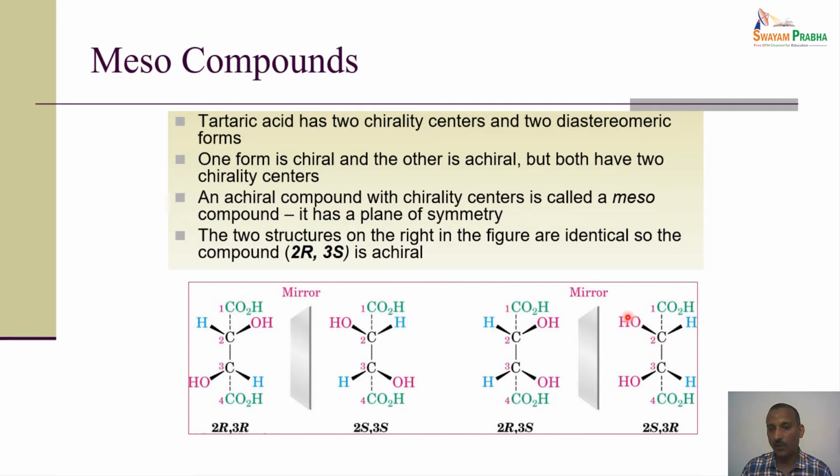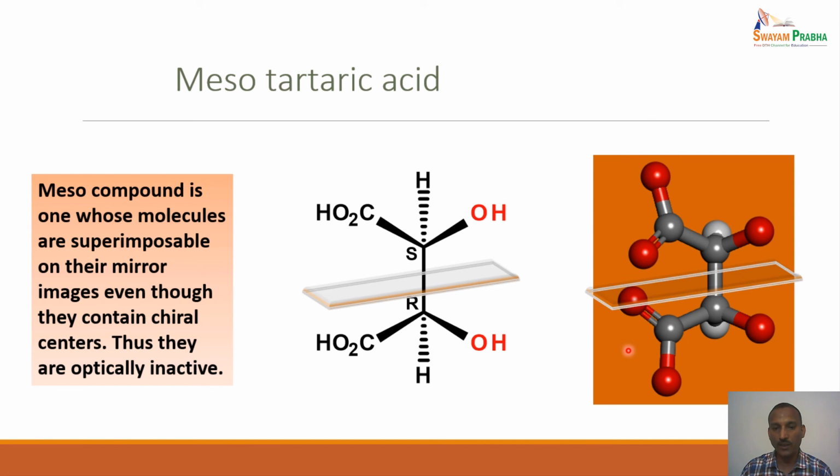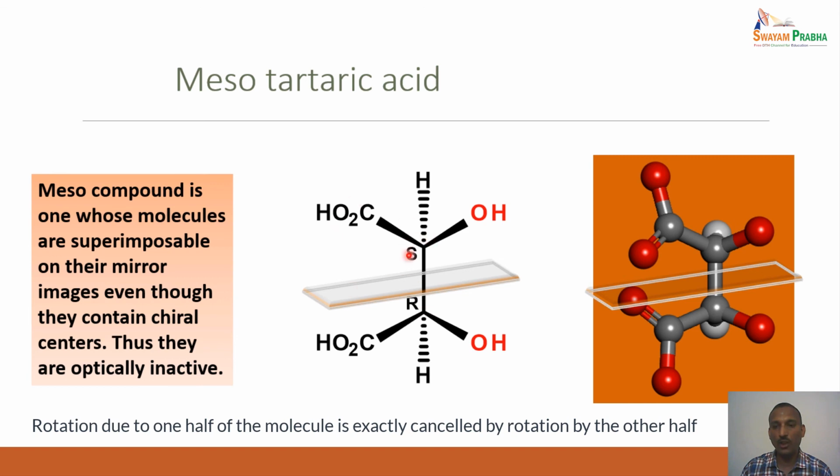This part of the molecule, that is carbons 1 and 2, and carbons 3 and 4, are basically internal mirror images within the same molecule. So that is the reason this compound is an identical compound and is optically inactive. Even though we have two stereogenic centers, this molecule is optically inactive because there is an internal cancellation.